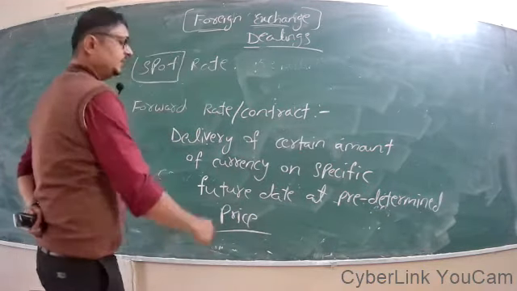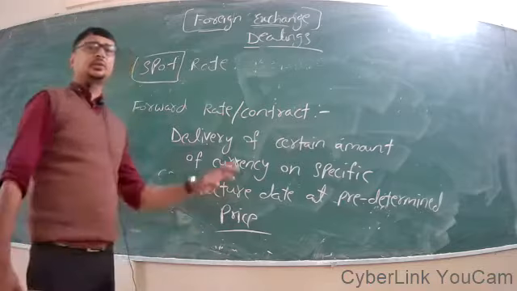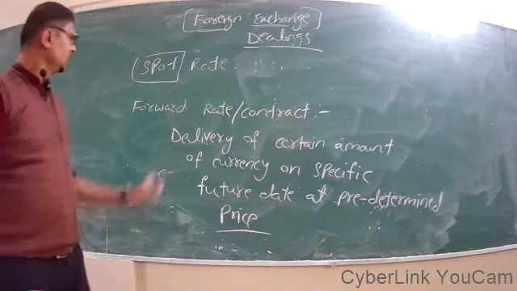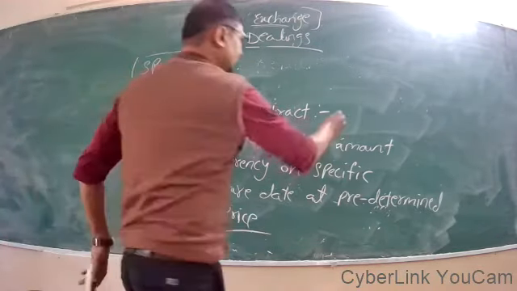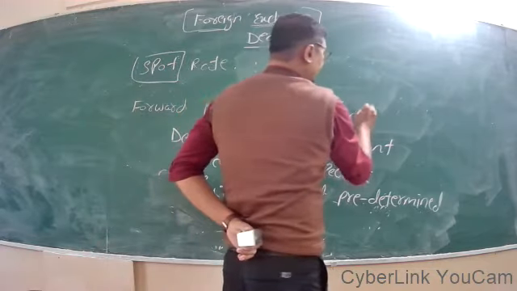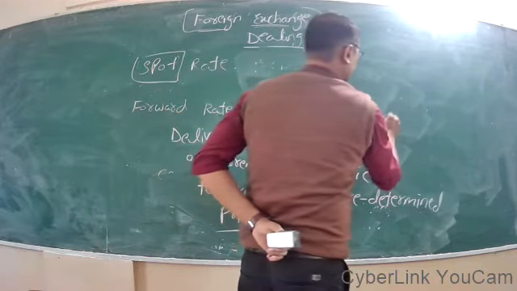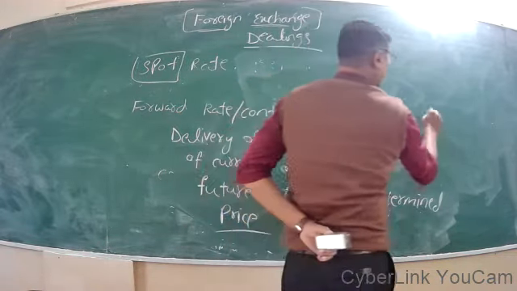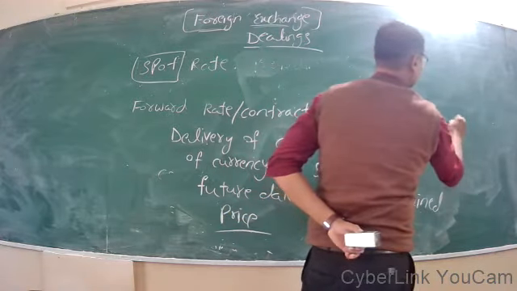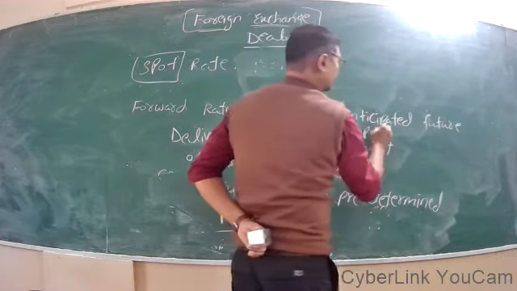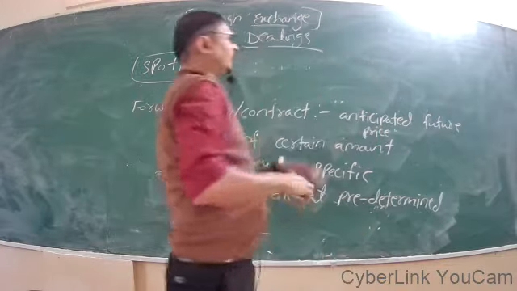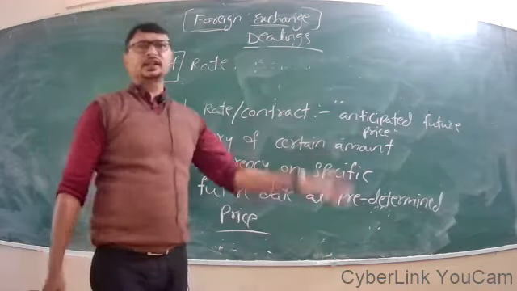So this price is nothing but the exchange rate between two currencies, right? So forward rate is nothing but the anticipated future price of a currency. Anticipation in the sense it is related to the future.